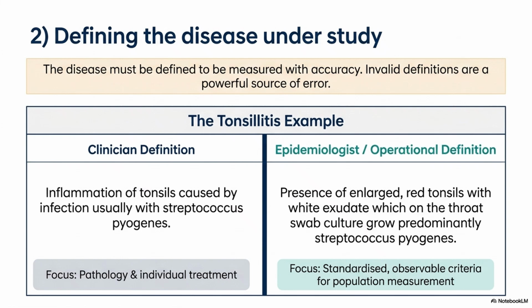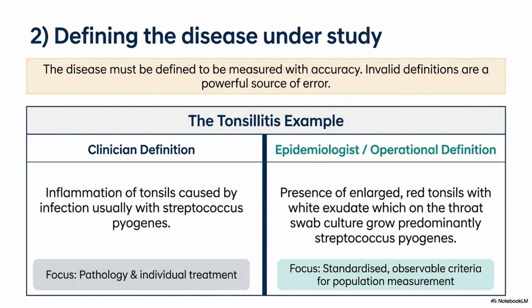So instead of this clinician definition, we should form a separate definition, which is the epidemiologist or operational definition. The operational definition for tonsillitis will be like presence of enlarged red tonsils with white exudate, and the throat swab culture grows predominantly Streptococcus pyogenes. With the help of each and every detail, we can categorize the person as diseased or non-diseased.